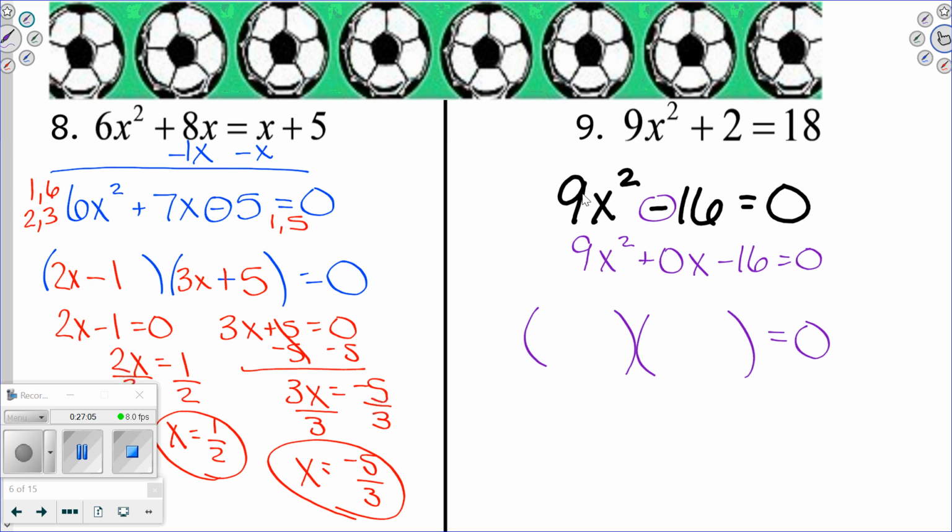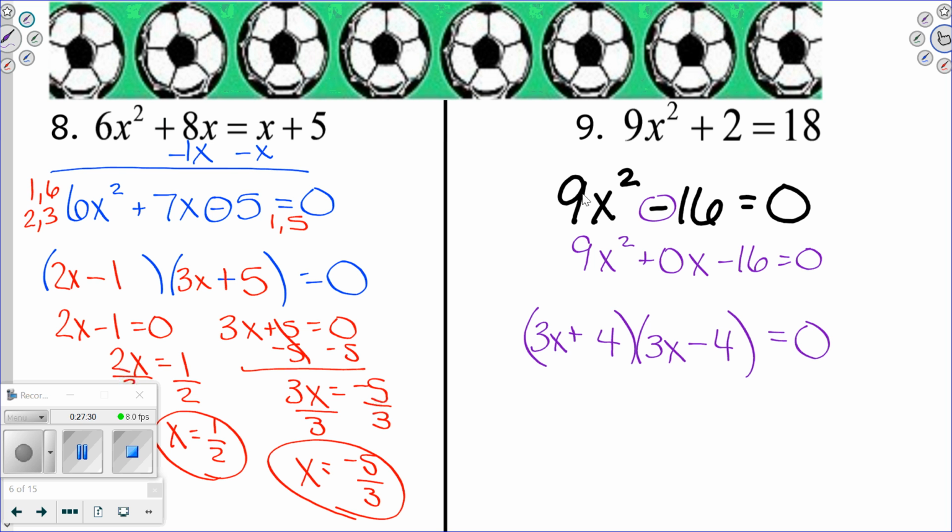How do you multiply to get a negative? 1 plus 1 minus. And then square root of 9x squared is 3x. Square root of 16 is 4, so 4 and 4. Again, if you check, you're going to get 12x minus 12x. You want that 0x in the middle, okay? Those ones are my favorite because they should be the least amount of work you have to do.